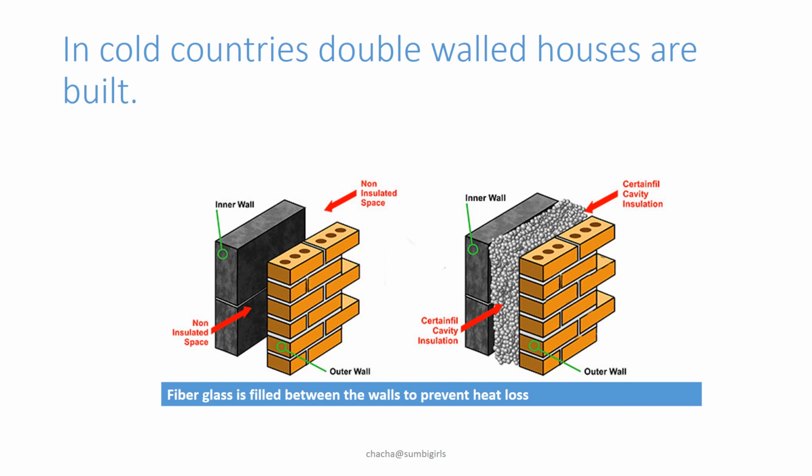This also is applied in cold regions. You don't want a house to lose heat to the surroundings. So what do you do? You build two walls, and in between the walls you insert fiberglass. This fiberglass is a poor conductor of heat, so it will not enable the house to lose heat to the surrounding.